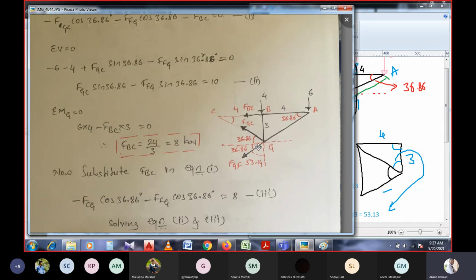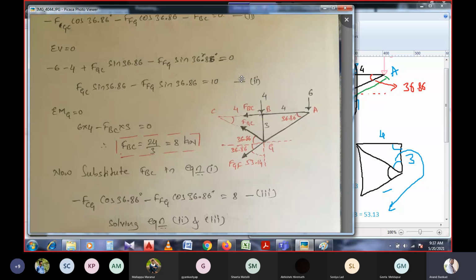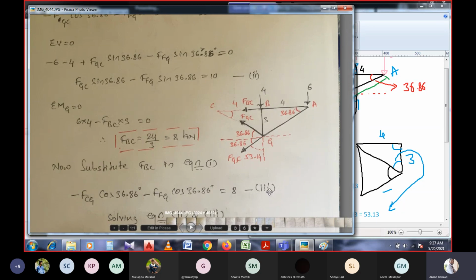So for this, we can refer to equation number 2 and equation number 3, which are obtained by referring to the section. In equation number 2 both terms have the sine function, and in equation number 3 both have the cos function for FGC and FFG.